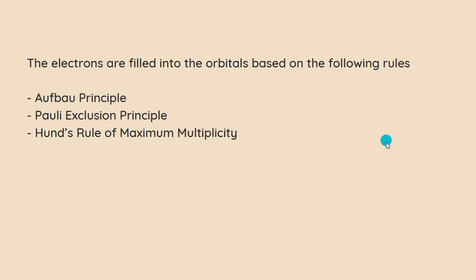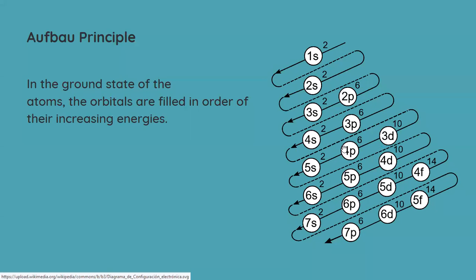So let's start with the Aufbau Principle. The word Aufbau in German means building up. So this means that the filling up of the orbitals with electrons is the basis for this particular rule. In the ground state of the atoms, the orbitals are filled in order of their increasing energies.